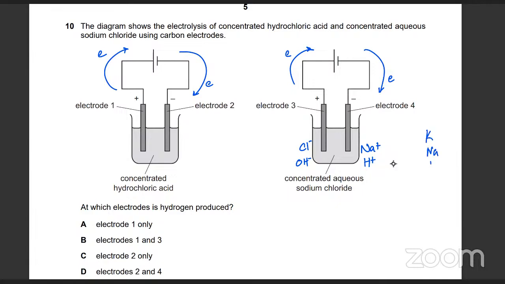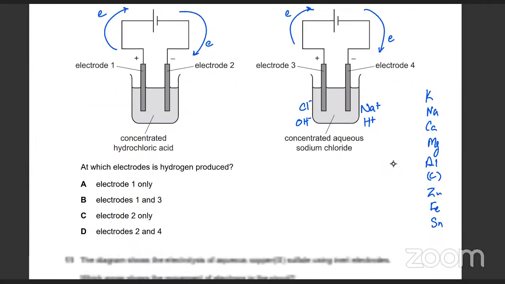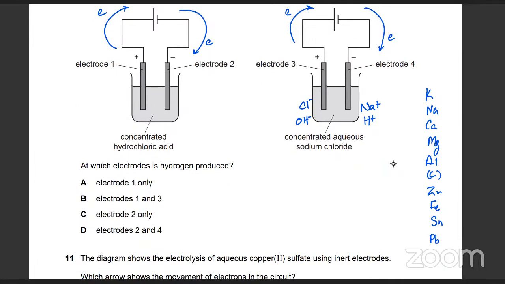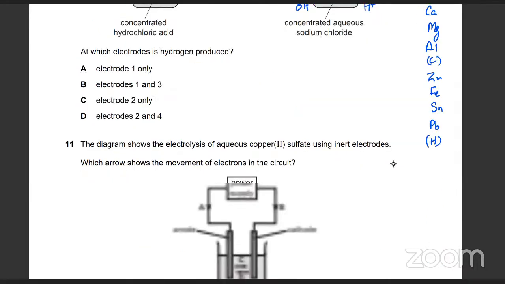So the reactivity series is K, Na, Mg, Al, Zn and Fe, Sn and Pb, and then you have Cu.